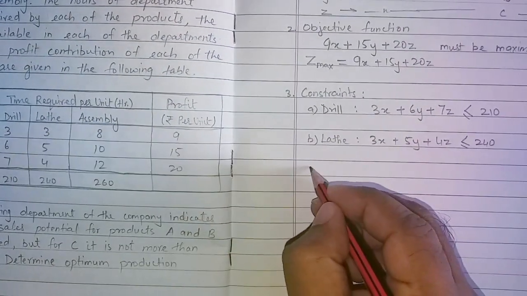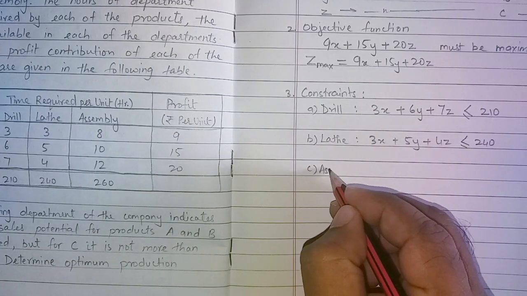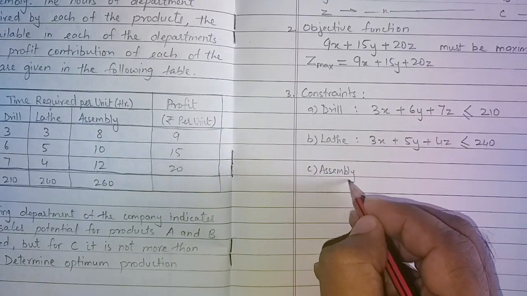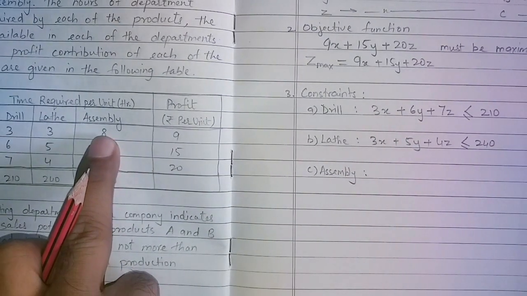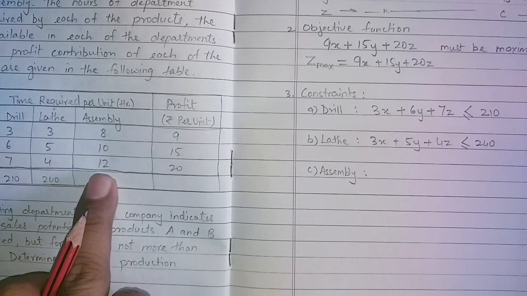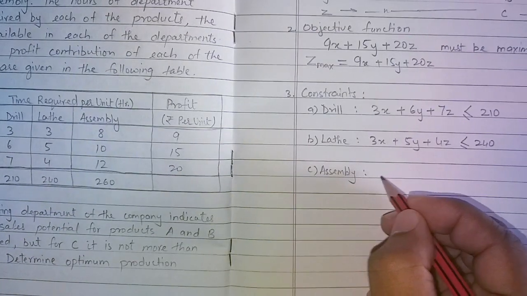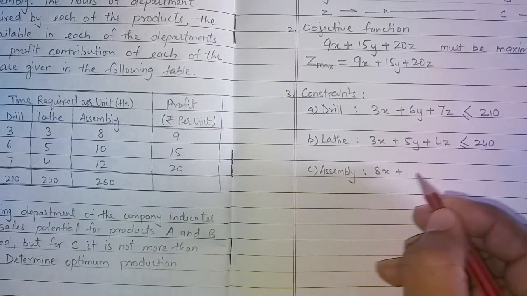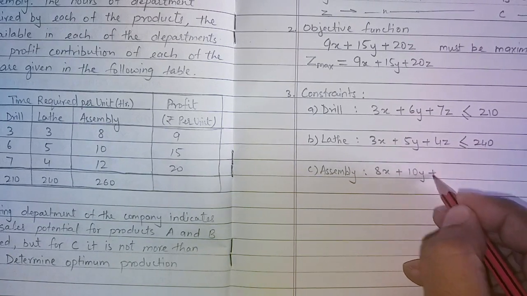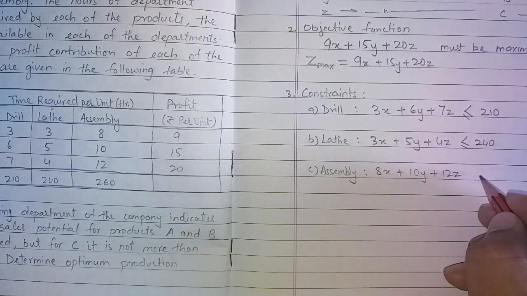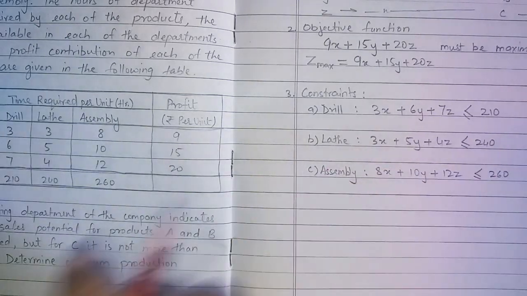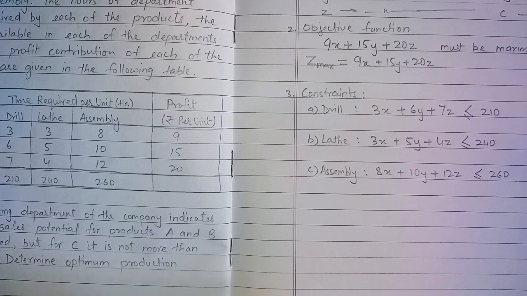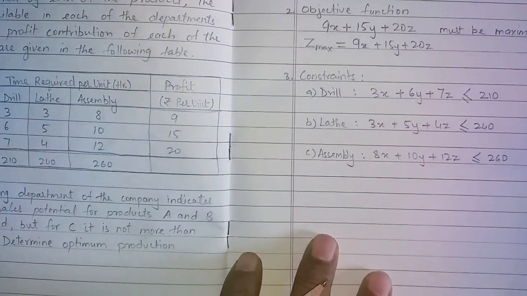Third is for assembly. Now for assembly, we have 8x plus 10y plus 12z less than or equal to 260. If you want, you can reduce this further while writing the final answer.